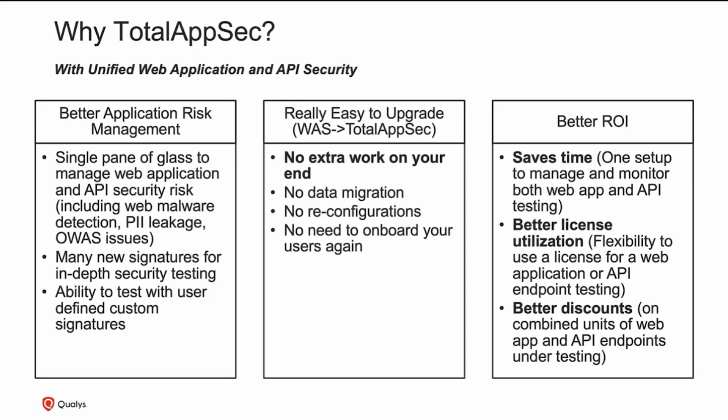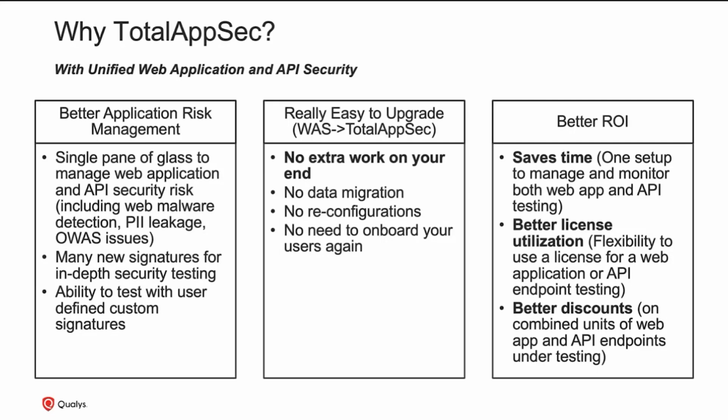And then last but not the least, I want to talk about ROI. If you have to use two different tools for web application and API security, it's a lot of work. You have to set up and manage and monitor two different tools. The second thing is you get better license utilization for the investment you make in a tool, because one license of Total AppSec can be used to test a web application or an API endpoint.